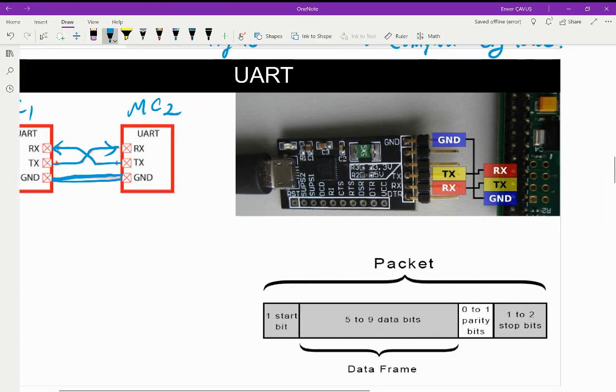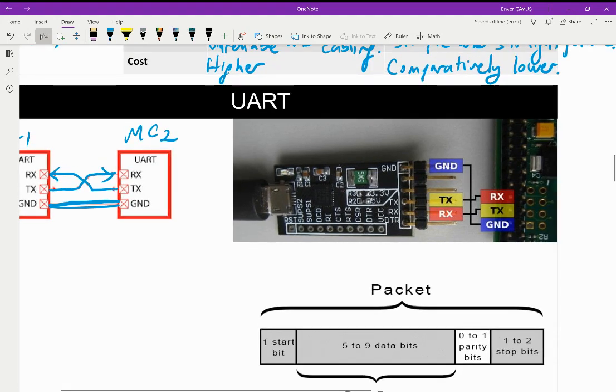This picture shows two cards communicating. This might be a microcontroller card. We have a receive pin, transmit pin, and ground pin. As you see, the ground pins are connected together, and we have our transmitter connected to the receiver, and this transmitter is connected to the receiver on this side.